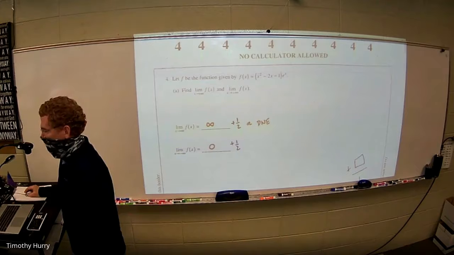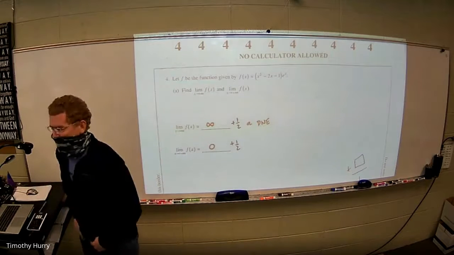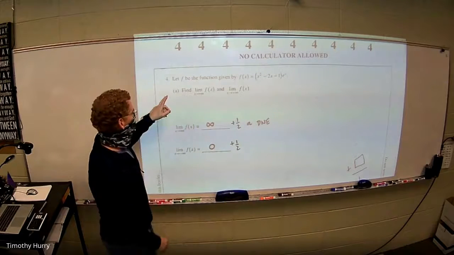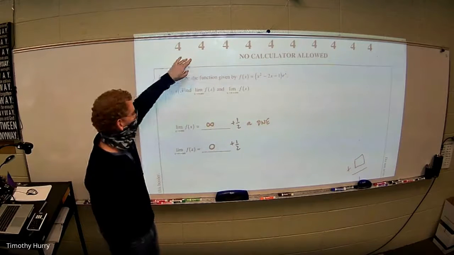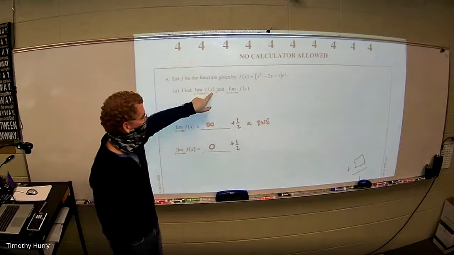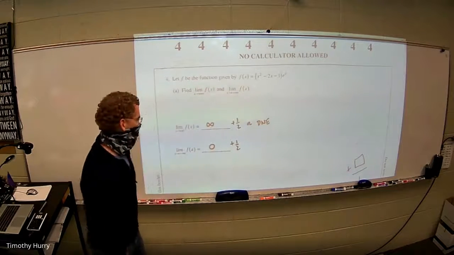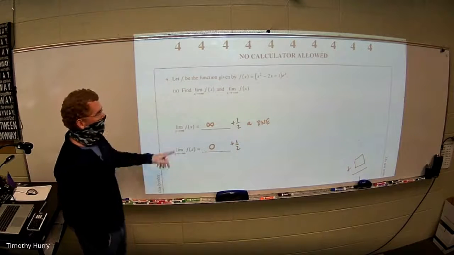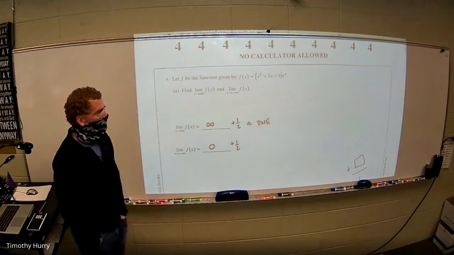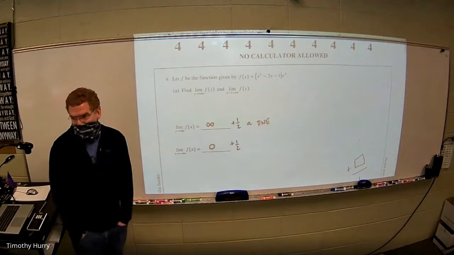Okey-doke. Number 4, it said, let f be the function given by that. And remember, number 4 is a no calculator problem. It says, find the limit of the function as x approaches infinity and negative infinity. So what are you thinking to infinity? Plug in infinity. So you're kind of thinking growth.